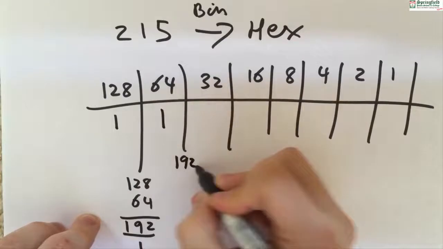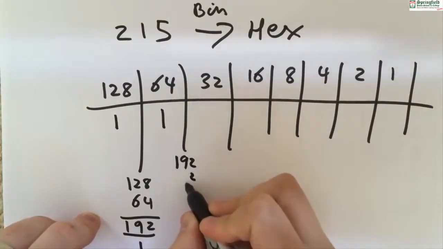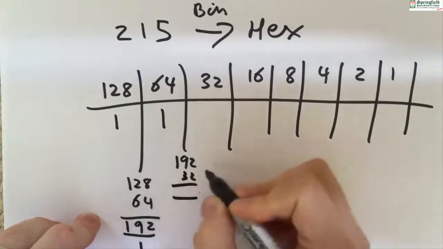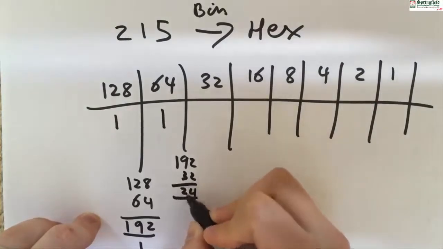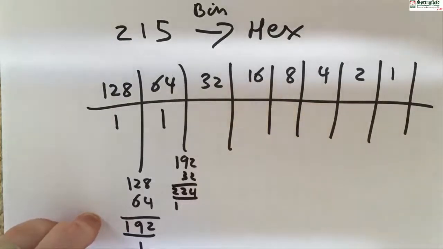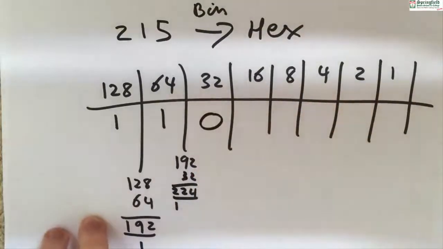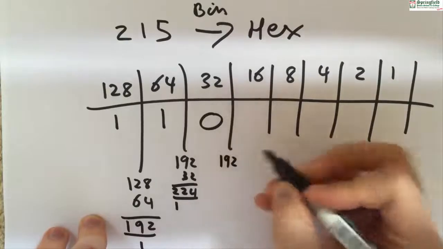Now up to 192. If I add on 32, where will I get to? 1, 2, and 3. 2 add 2 is 4. 9 add 3 is going to be 12. 1 add 1 is 2. That gets me to 224. That's bigger than my 215, so I do not want the 32. Still stuck then on 192.